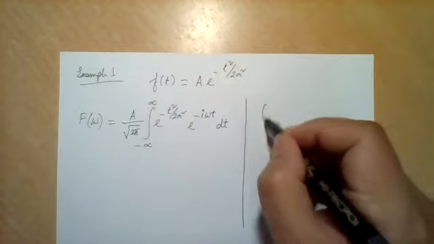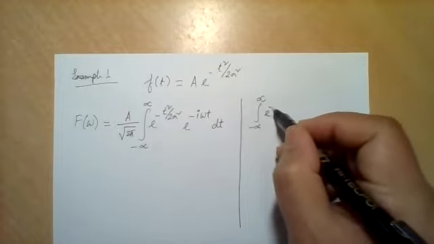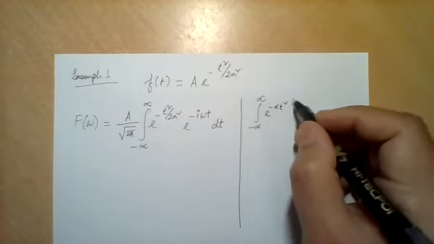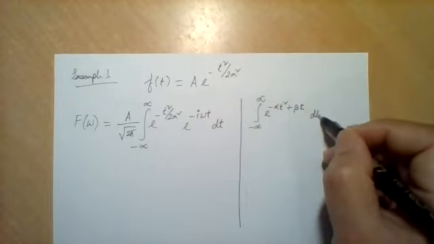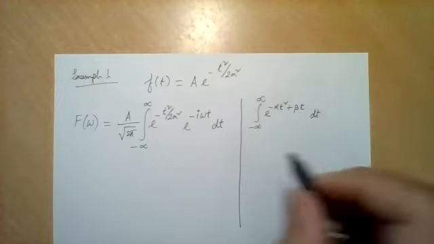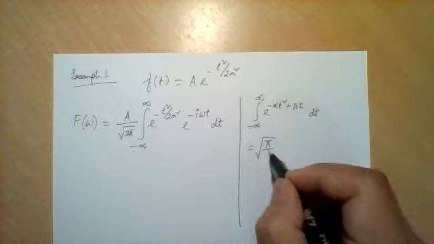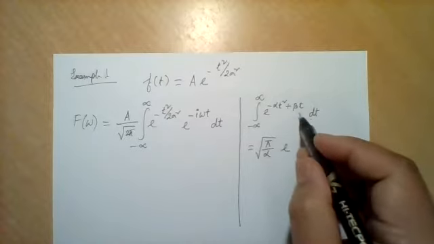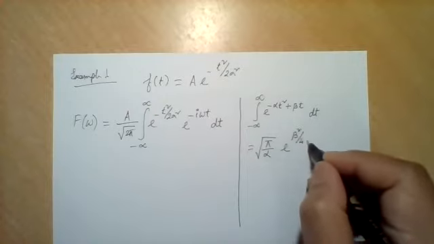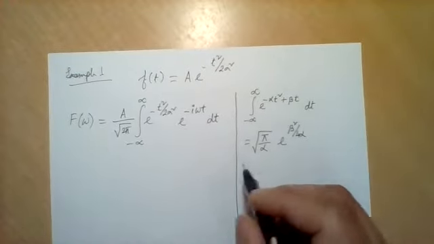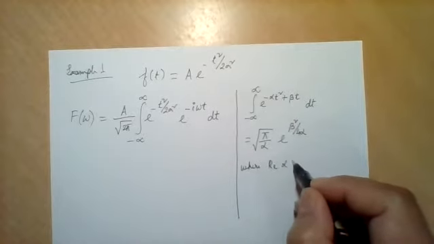The formula is that integration from minus infinity to plus infinity e to the power minus alpha t square plus beta t dt is equal to root over pi by alpha e to the power beta square by 4 alpha, where the real part of alpha is greater than 0.